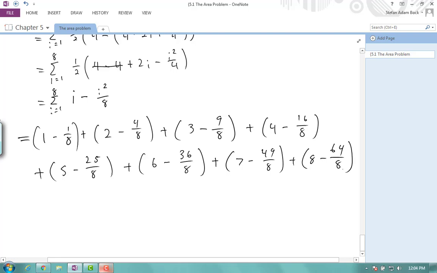Wonderful. This is exactly what I would have ended up with if I had spent a whole lot of time trying to simplify the expression I had previously.